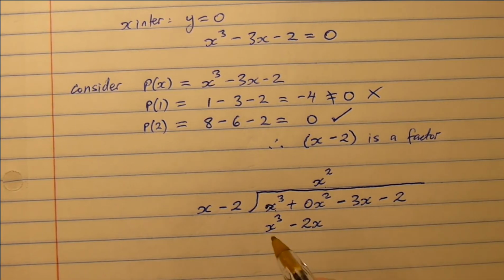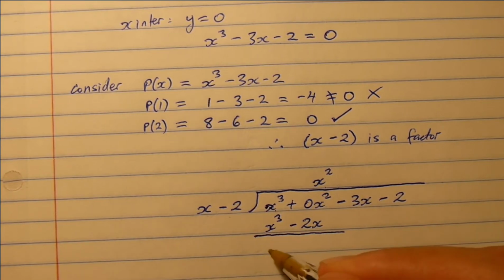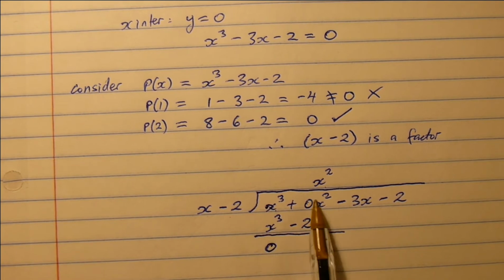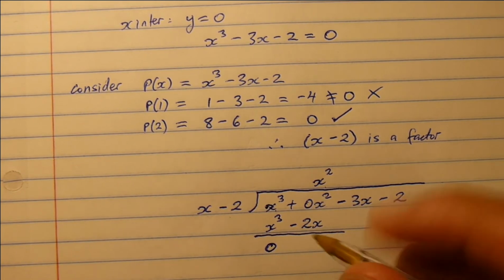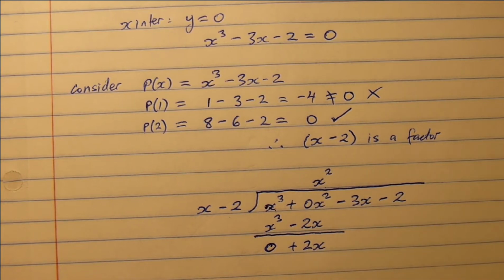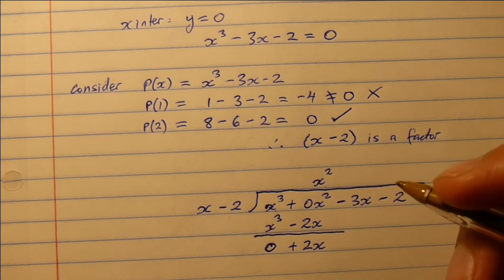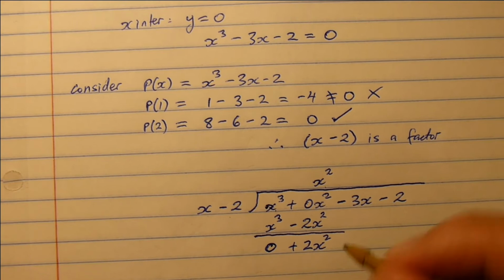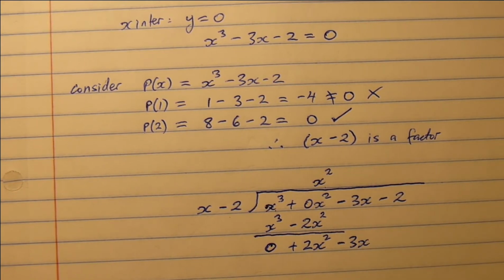Okay, I draw a line here. X cubed minus x cubed, I should always get 0 at the start here when I do the subtraction. 0 minus negative 2x squared gives me positive 2x squared, and I bring the minus 3x down.